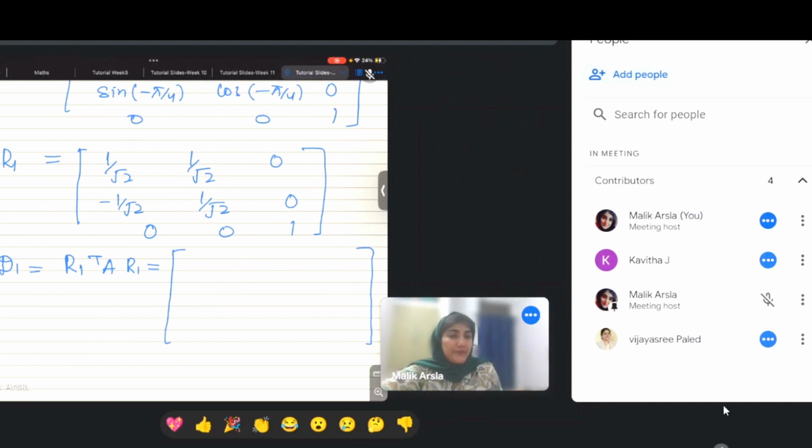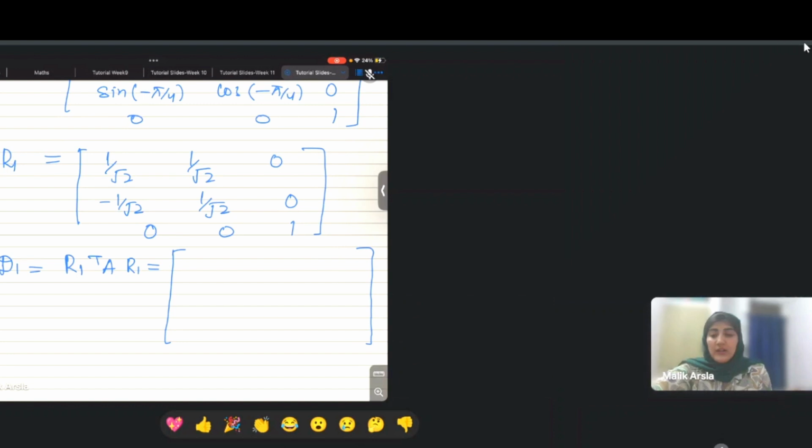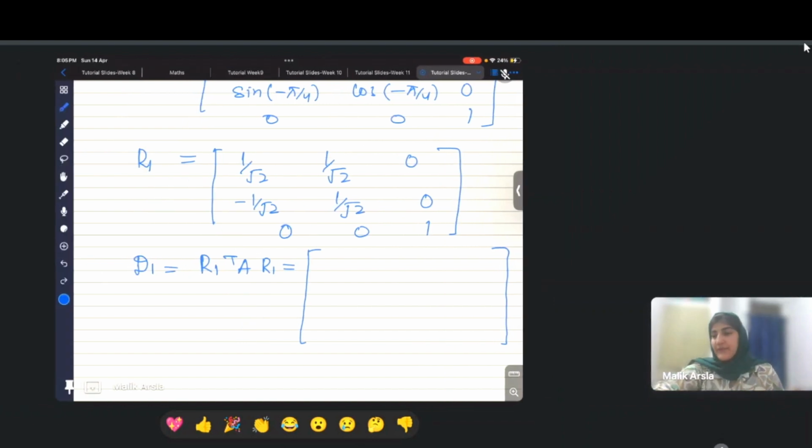Calculate your D1 and tell me so that we can move forward. I'll check your method also, Kavita, because I don't think the rotation matrix should be coming into play. I'll check that method also.